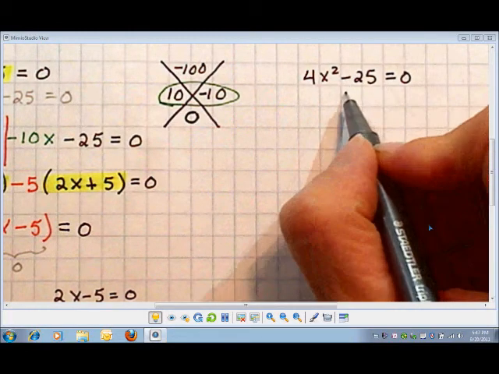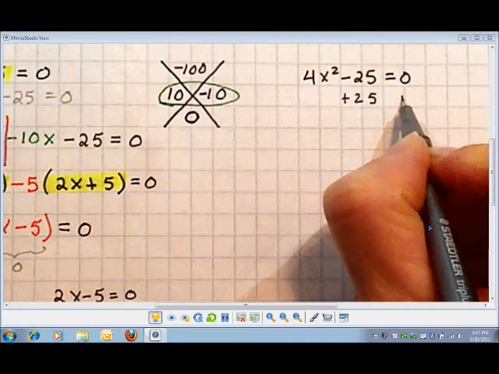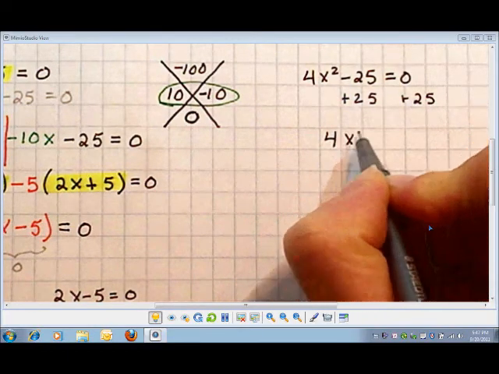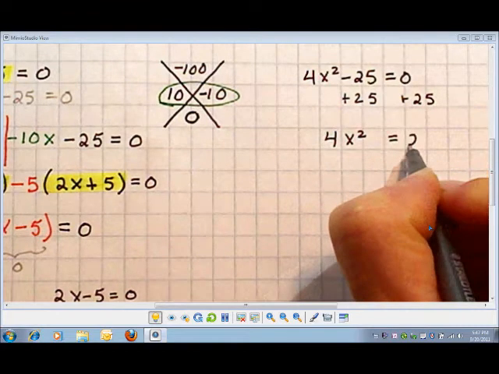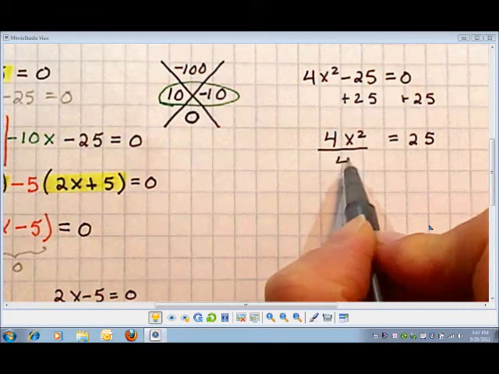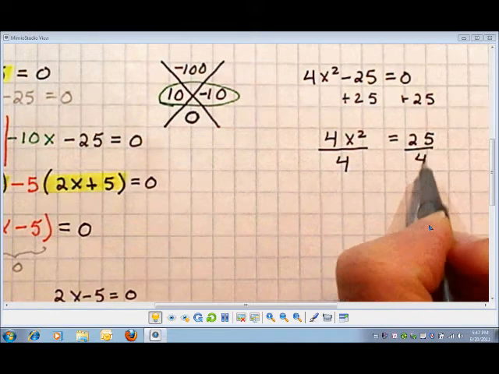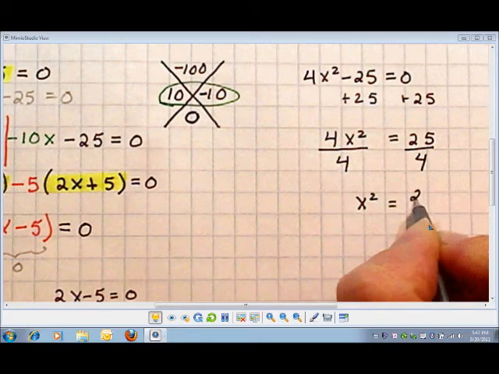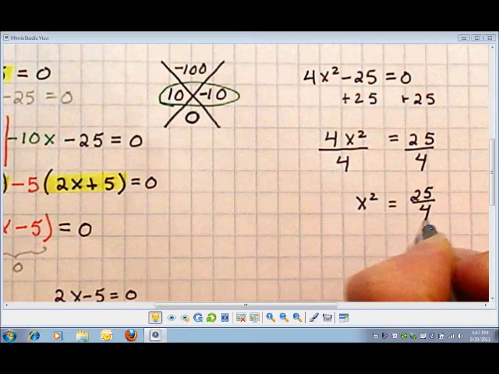So I could have done this to solve this problem. So I get x squared is equal to 25 divided by 4.